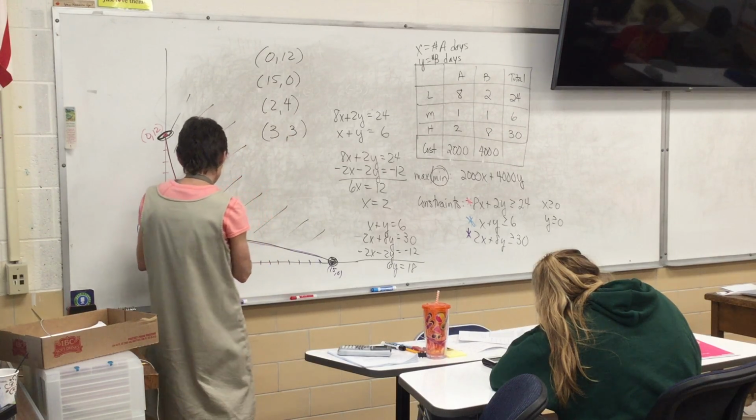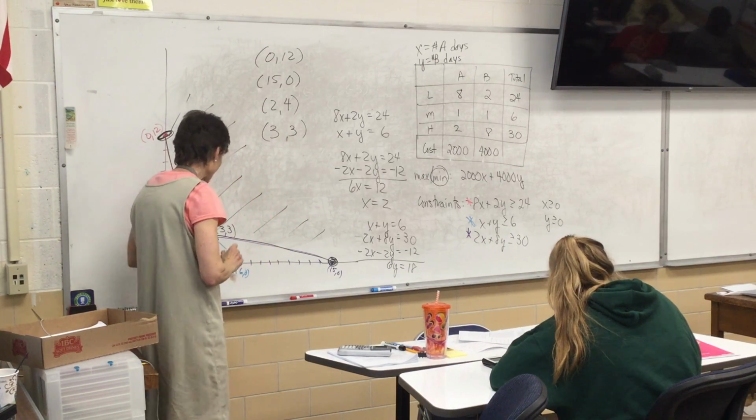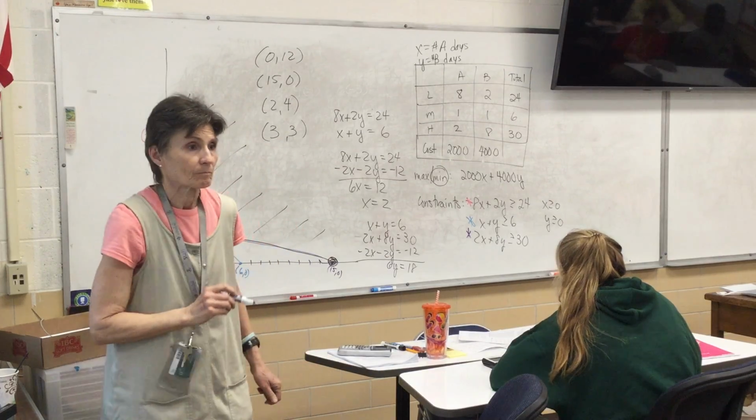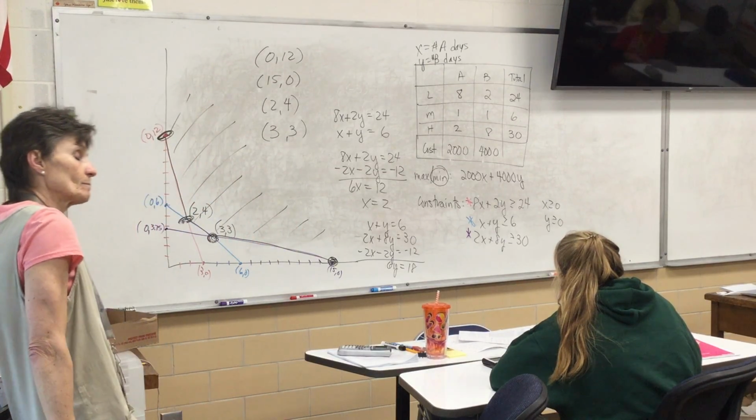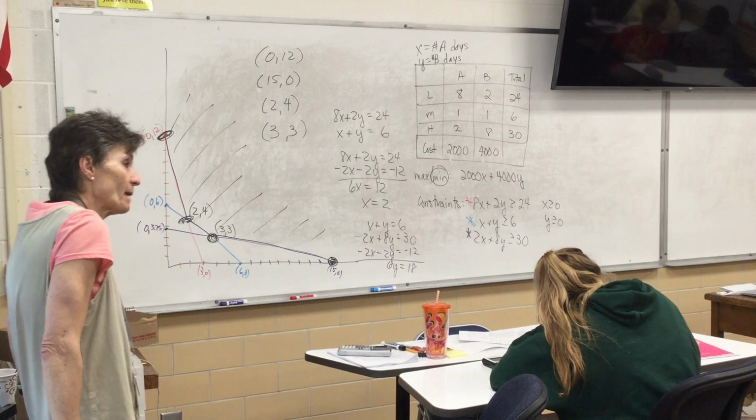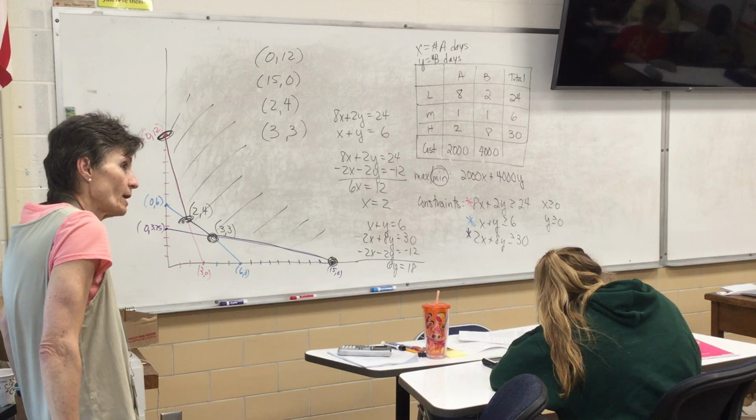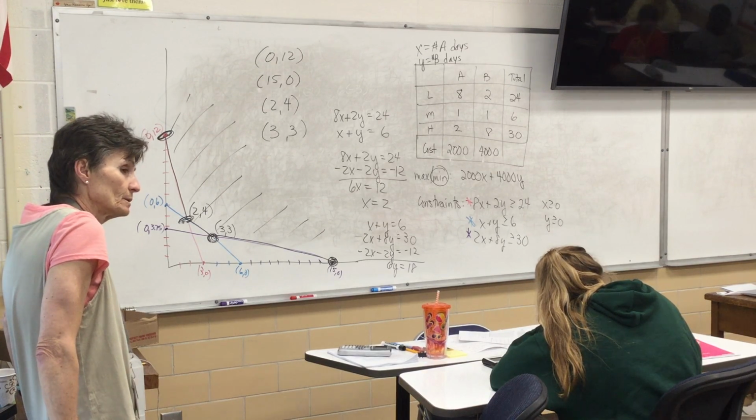I got 3, but I might have made a mistake because I did that kind of fast. I also got 3, 3. Okay, good. Let everybody catch up. Ask a question if you're not sure how we got 3, 3.